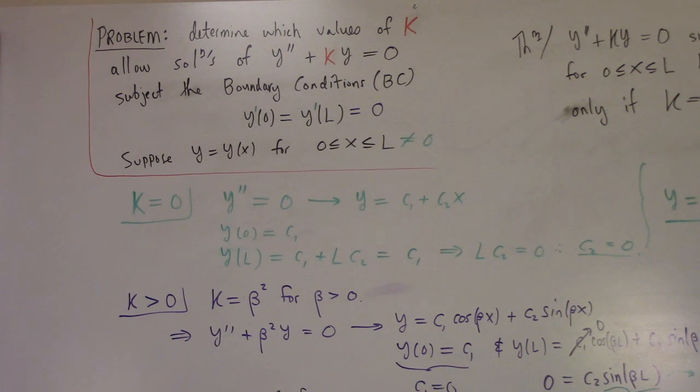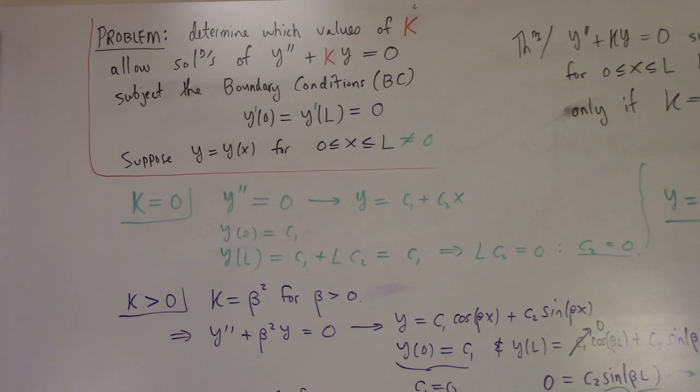Switching to t for a second. Maybe I'm discovering something pedagogically. Instead of putting t here, I should put a capital T for period, because that's the role it's playing.